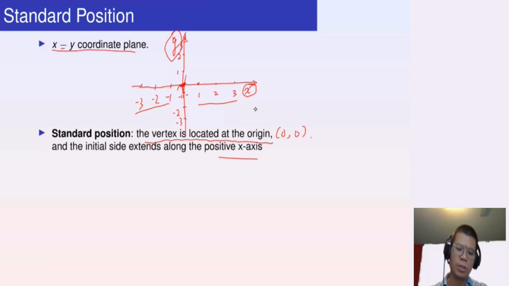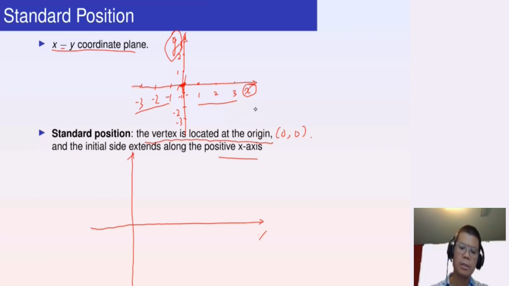Let me draw this one again. Here is my x, here's my y. Now the vertex is at the origin, which is 0, 0 here.